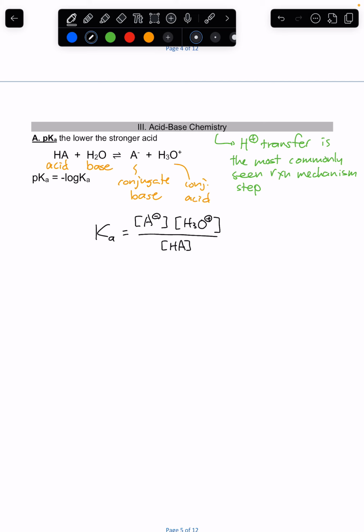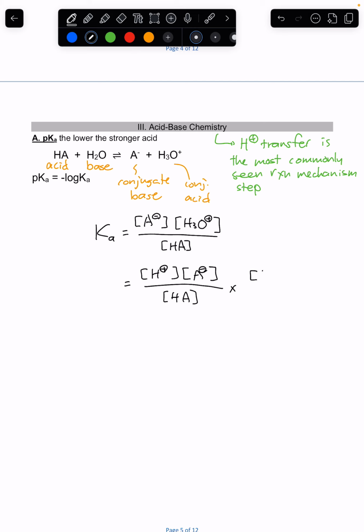Now, this also can be expressed like this, right? On the left here, what I did is I just did the dissociation of the acid, and we can kind of think about that separately from the picking up of the acid by the water.